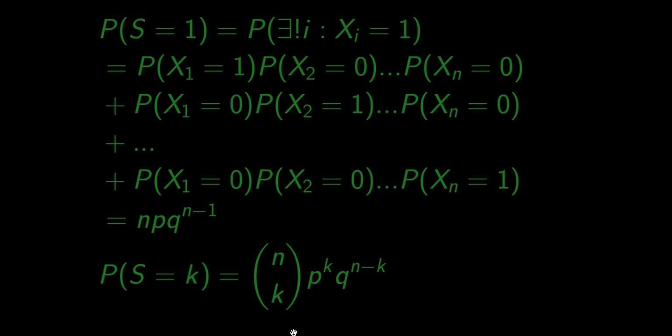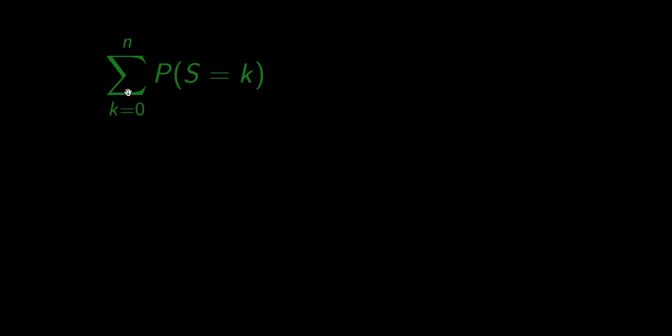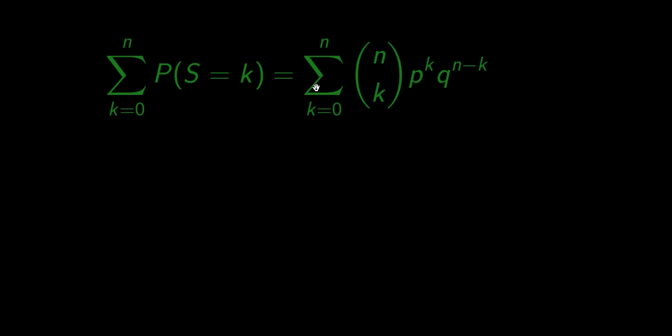To get a better feeling what this n choose k means, let's calculate the sum of all the possible elementary events and see if it adds up to 1. We sum all the possible results from k equal to 0 to k equal to n. Let's substitute the probability with the derived formula. So how do we attack this problem?